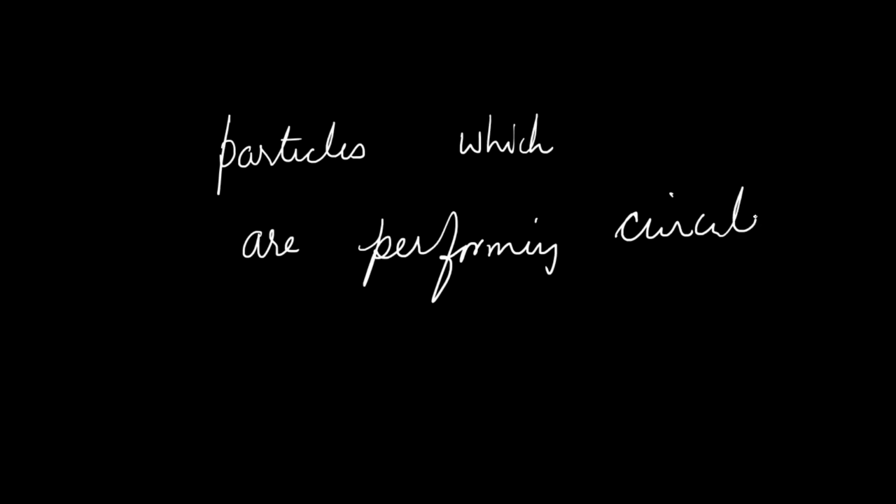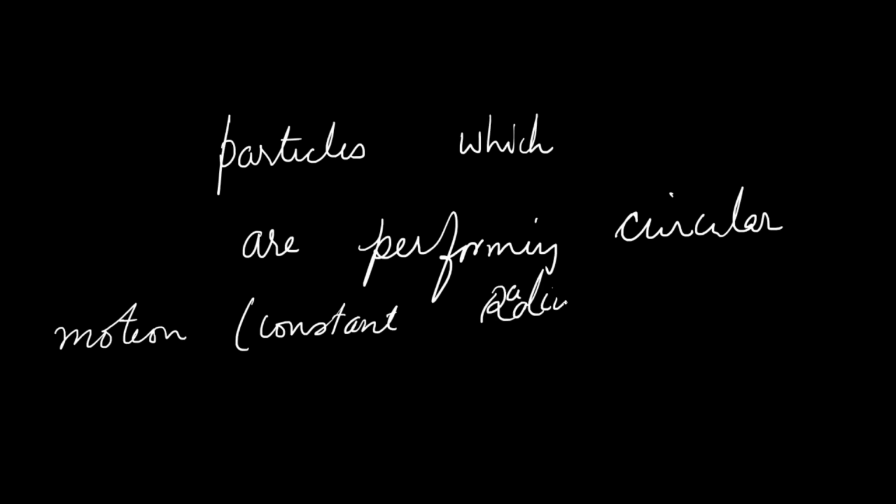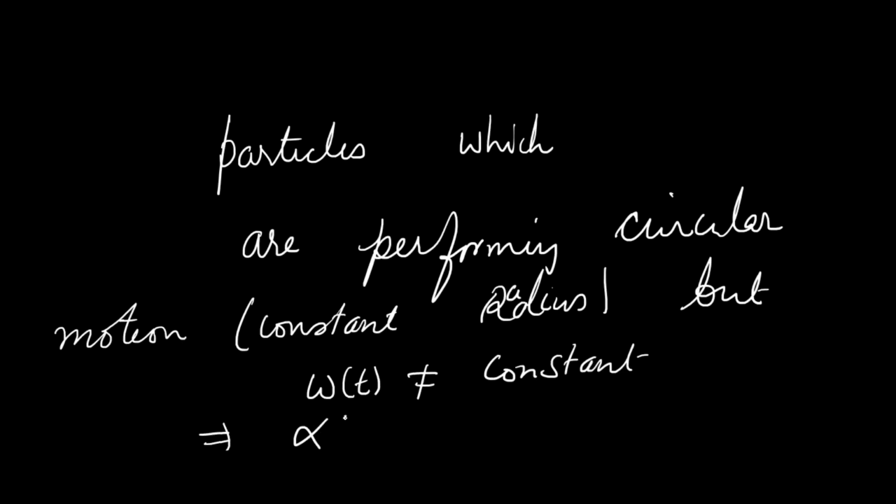Okay, so why have we done all this? Because we are going to get into particles which are performing circular motion, that is constant radius, but omega is not constant, which implies alpha not equal to 0, and alpha can be a constant or alpha can be a function of time.